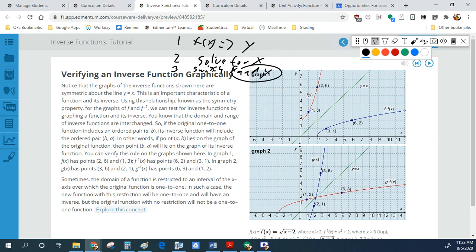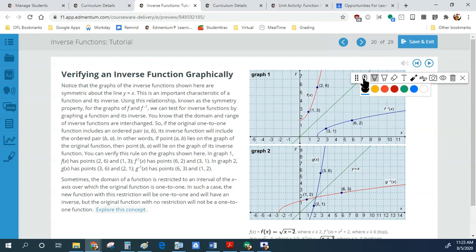Actually, they have it backwards for some reason on Edmentum. So this part right here is the reason why these two end up switching. Does that make sense? All right, cool. So moving on to the next slide.